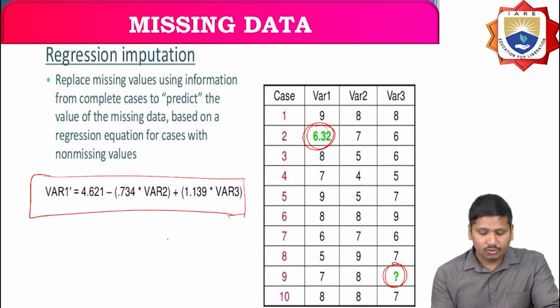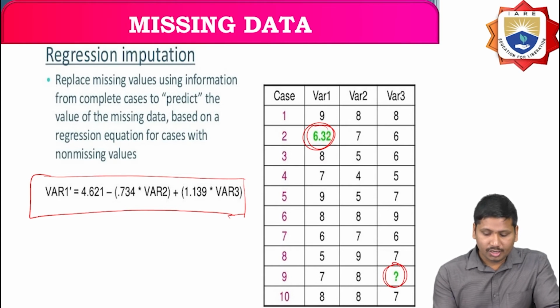For this, I have to fill in the values. Variable 1 is equal to 4.621 minus 0.734 into variable 2, which is 7, plus 1.139 into variable 3, which is 6.